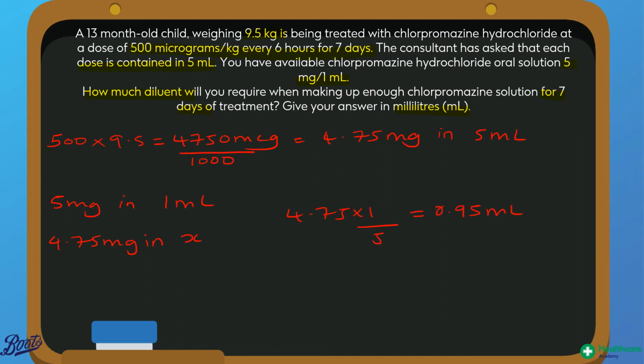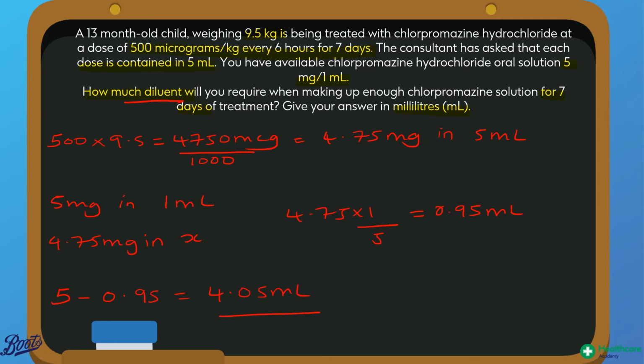So in each 5 ml dose, 0.95 millilitres is going to be chlorpromazine oral solution. But the question is asking us how much diluent we require. So all we need to do is take away how much chlorpromazine we have in our solution, and the leftover quantity will be our diluent. So that's going to be 5 millilitres minus 0.95 to give us an answer of 4.05 millilitres. And that's going to be our diluent.